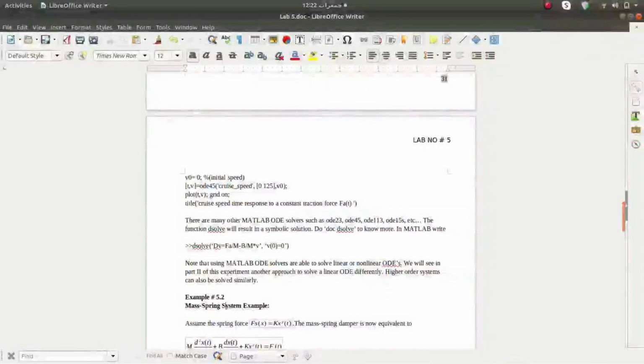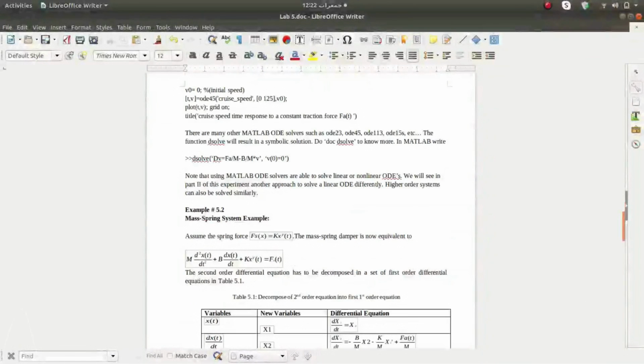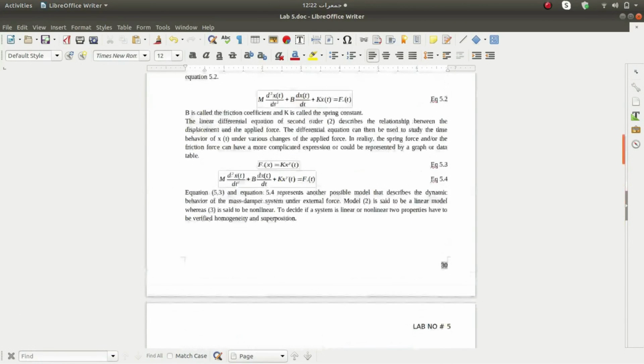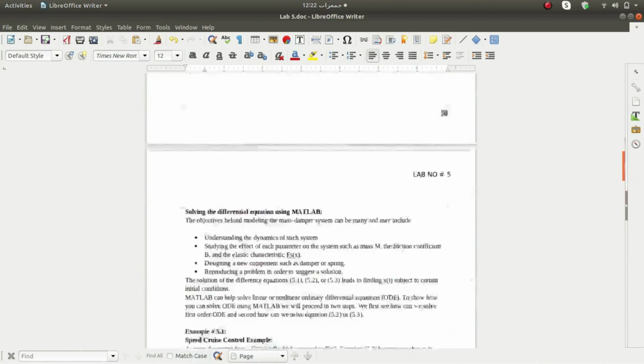Now we will discuss the second example, the mass spring example. So from the same equation, for the non-linear one, we have equation number 5.4, you can see.